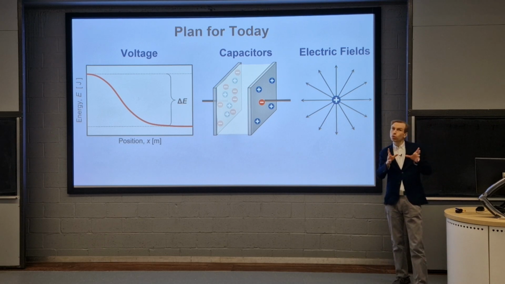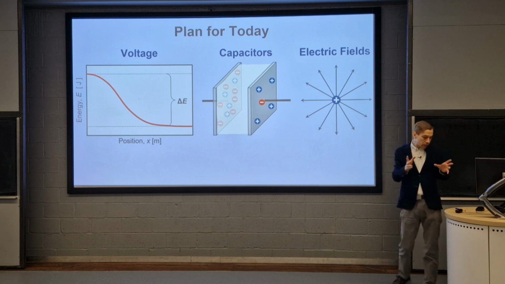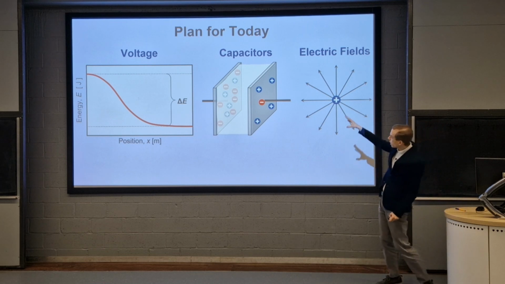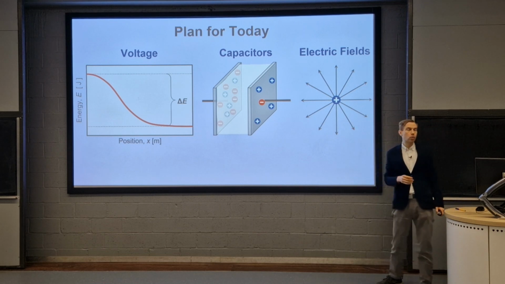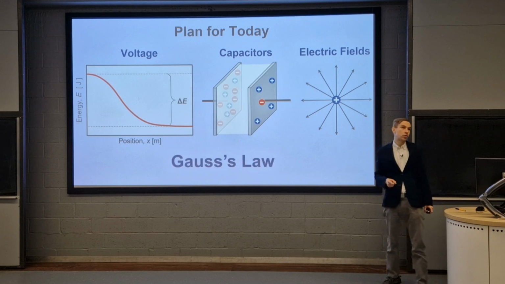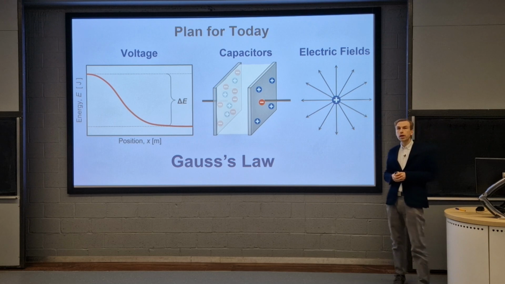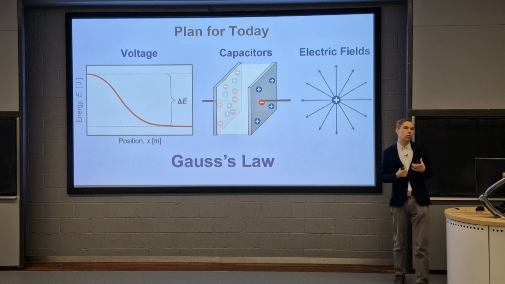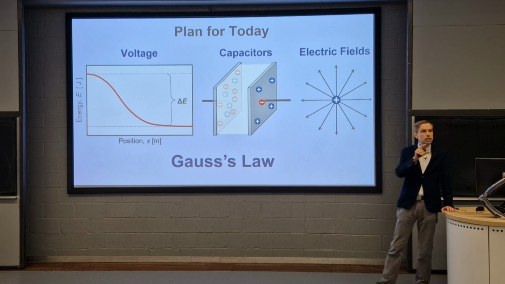So what today's all about, and why I'm so excited about it, is that we're going to be bringing all of these big concepts together and understanding them with Gauss's law. Gauss's law is really the picture which allows us to bring all of these concepts together and understand them as a single thing.